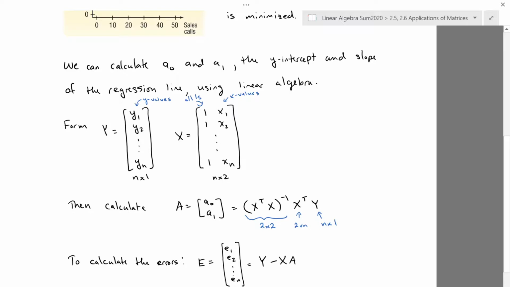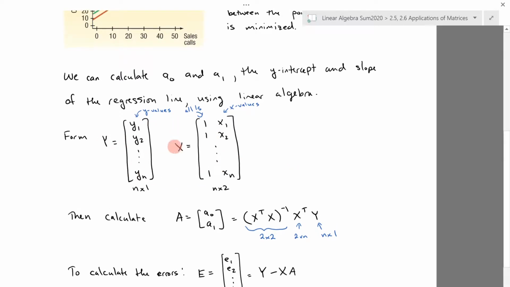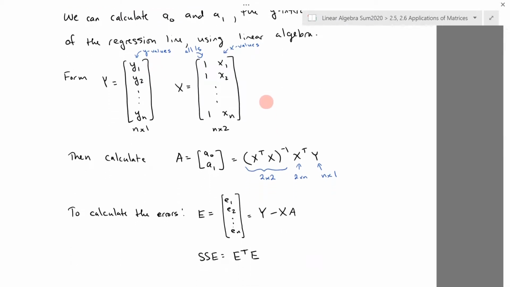Okay, so this is the setup, right? We just set up these two matrices using the X and Y coordinates. And now how do I calculate A0 and A1? Well, we can calculate this matrix A, which contains A0 and A1. You can see this is a 2 by 1 matrix by doing this matrix calculation here.